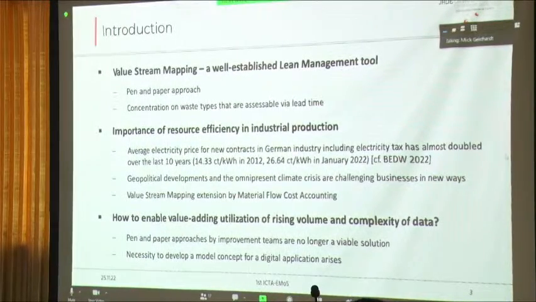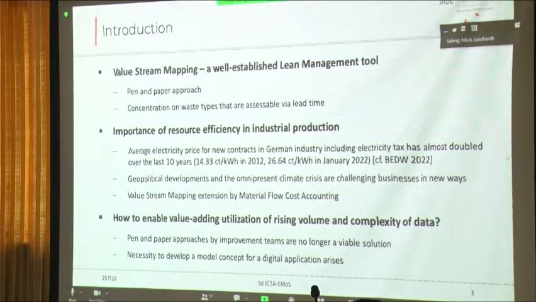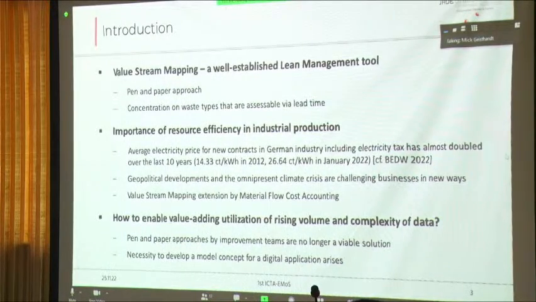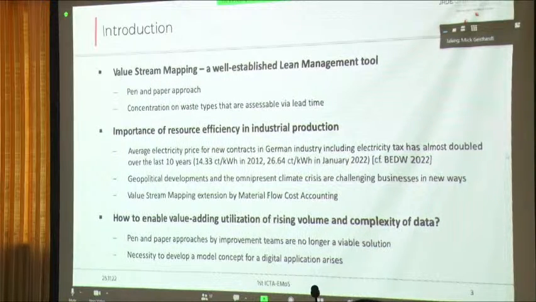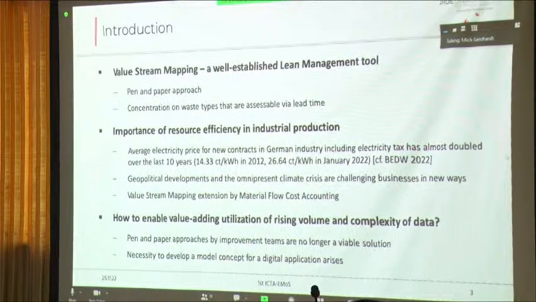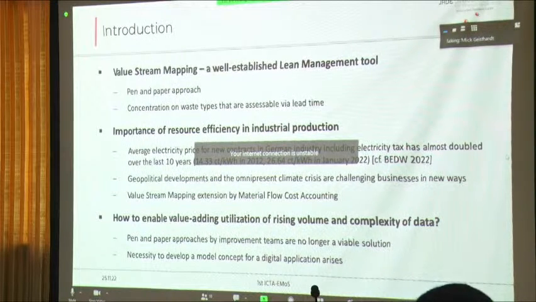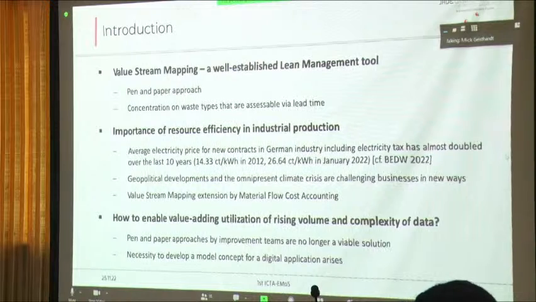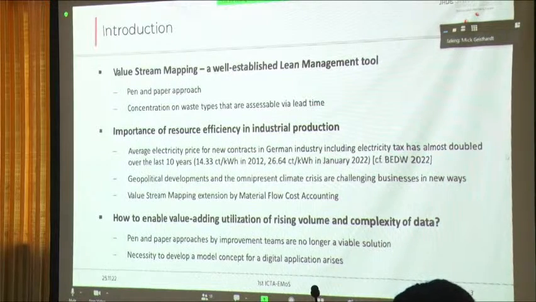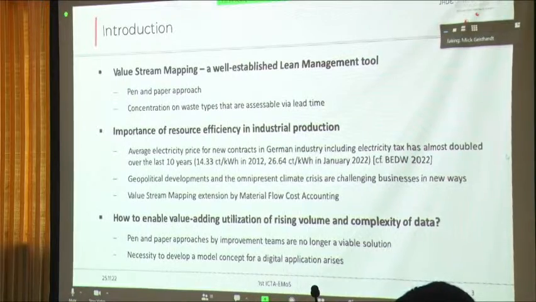This means energy, resource efficiency, and oil prices are influencing the way improvements should be conducted within corporations. Geopolitical developments and of course the climate crisis also pose challenges in the direction of resource efficiency.